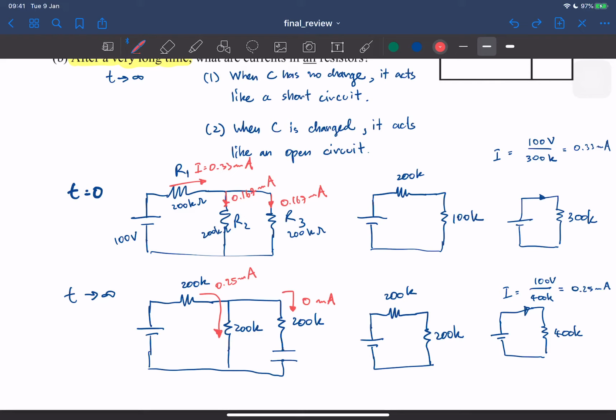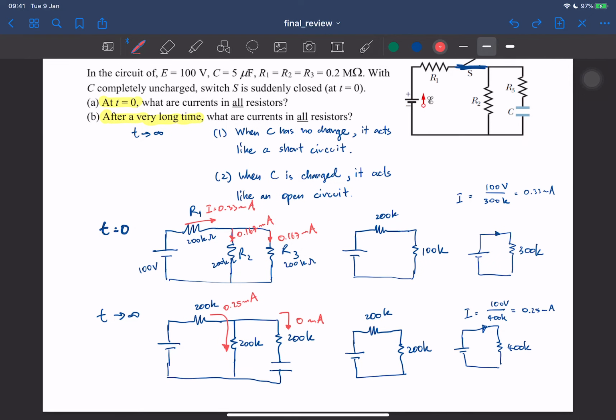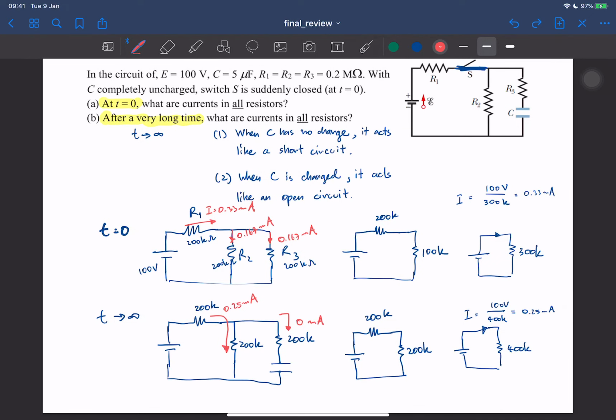So you can see that the current will be different when time equals 0 and when time goes to infinity. Again, when you solve the differential equation and really prove that, you're going to get the same answer. You would know a little bit more about what happened in between these two times, but in this case you don't need to do that.